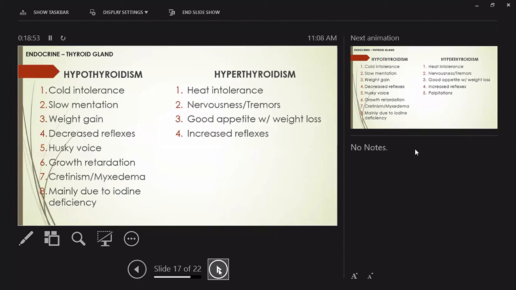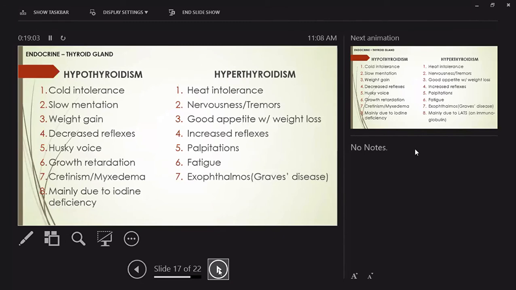Then there is increased reflexes, palpitations, fatigue, exophthalmos. Exophthalmos is because there is deposition of fat in the orbitals. And so this is a very pathognomonic sign of Graves' disease.